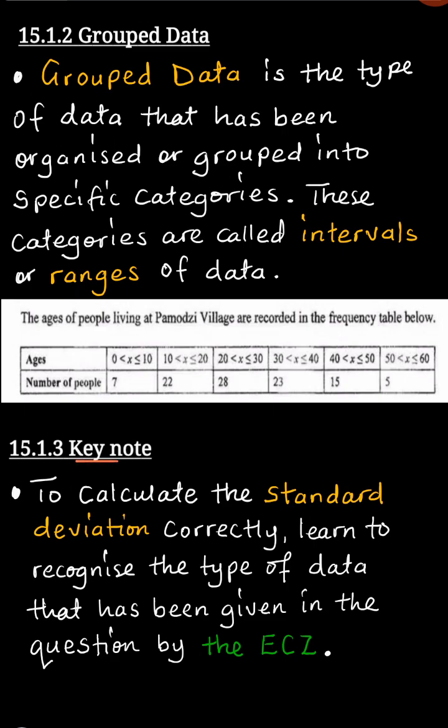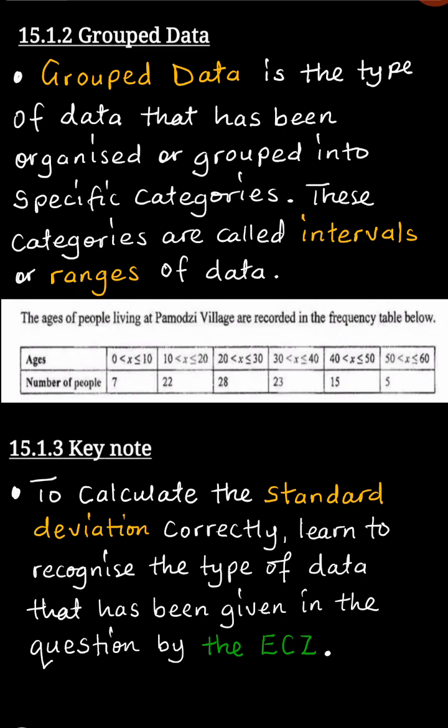Now, what I would like you to take away from what I've just taught is that in order for you to calculate the standard deviation correctly, you must learn to recognize the type of data that has been given in the question by the Examinations Council of Zambia.